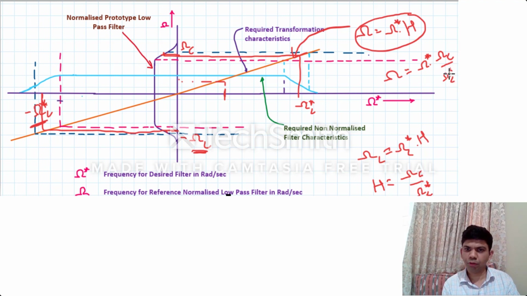Now we know that the cutoff frequency of the prototype filter, this omega c, is equal to 1 radian per second. So in general, omega equal to omega star divided by omega c star, any frequency omega star divided by omega c star.